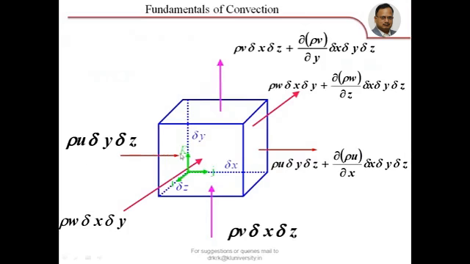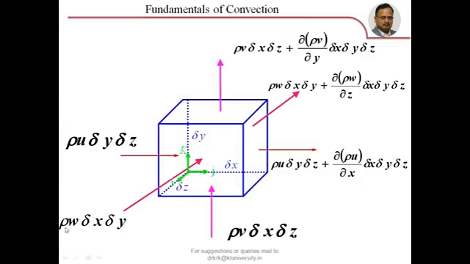Mass entering in X direction, rho into area, this face area del Y del Z, into velocity u. Mass entering in Y direction, rho into area of cross section del X del Z, into velocity in Y direction v.